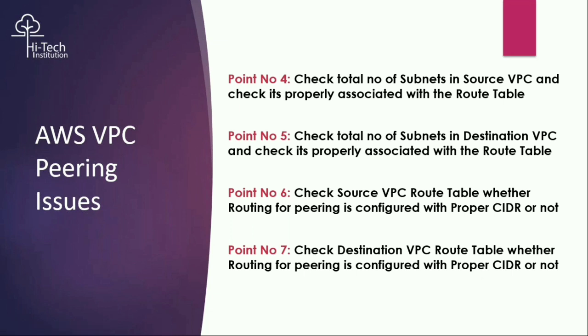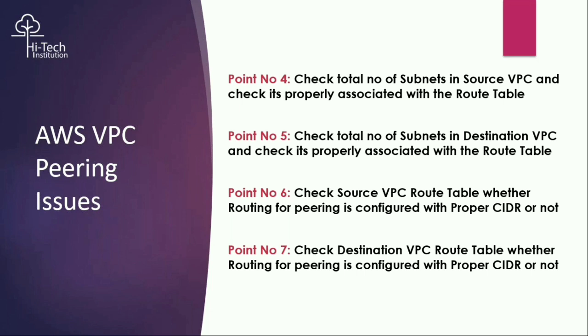All right, so this is the way, guys, we need to troubleshoot when there is a problem in the networking of AWS VPC peering connections. Even if an interviewer asks what areas you will check when there is an issue where two VPCs are not connecting, you need to check all these 7 points one by one.